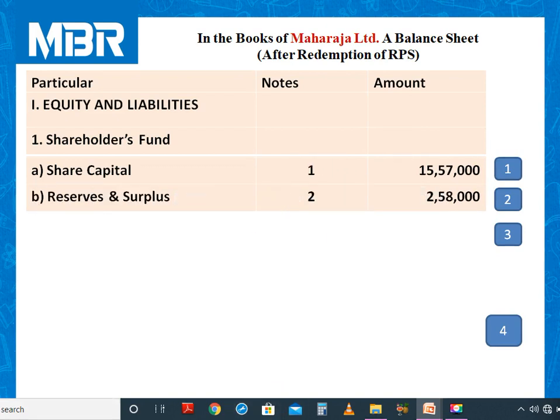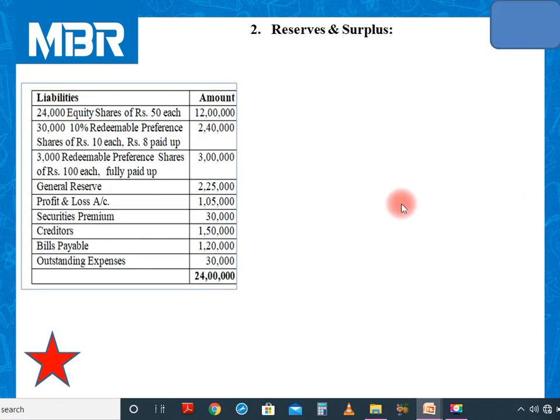Second item is all about reserves and surplus. The balance of reserves and surplus account is 2,58,000. It is one of the most important calculations of this topic. Let us concentrate on calculation of reserves and surplus. On the left hand side of your screen, the balance sheet is given from your question.